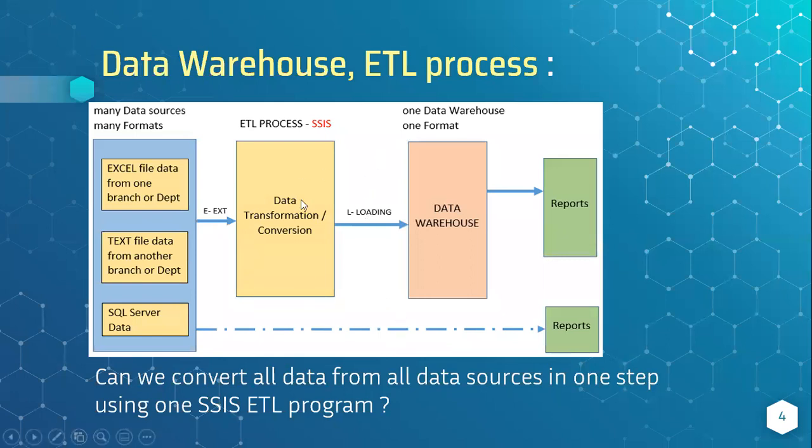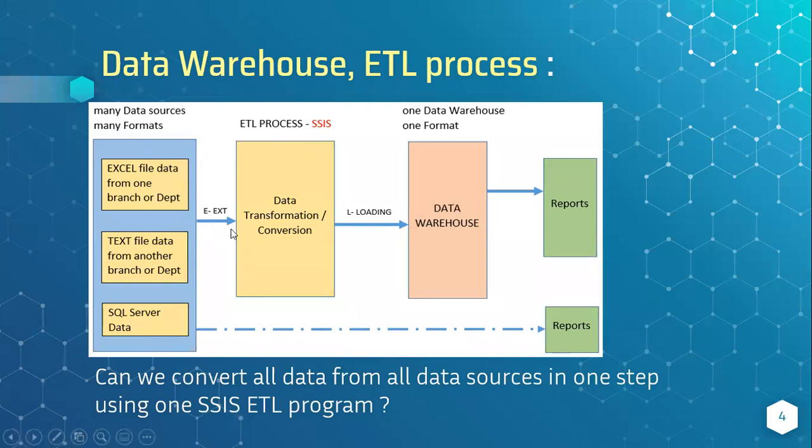So in this diagram, you can see on the left side there are different types of data sources: Excel files, text files, SQL Server data, etc. Different sources will be in different formats. The ETL process means extraction, transformation, and loading.